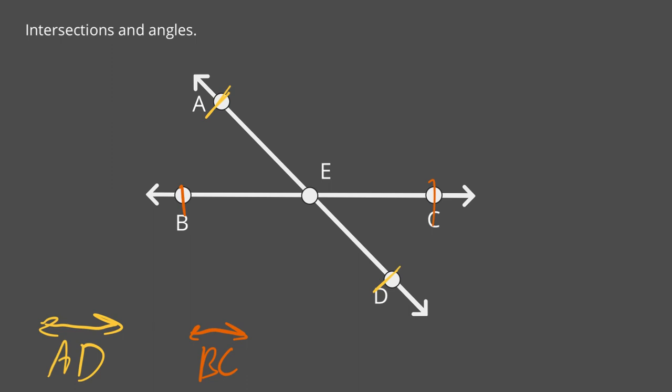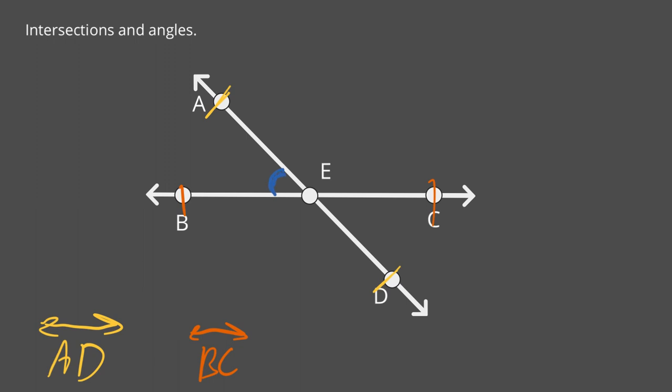So let's describe the angles that we have here. In the previous section, we were able to call the angle, for example, here with the E, we could call it angle E. But that doesn't make sense because we have multiple angles that are attached to point E, so we have to label them specifically. So let's start with this angle marked in blue.